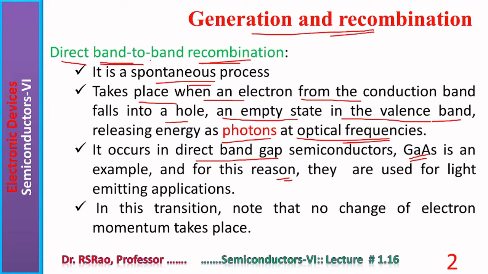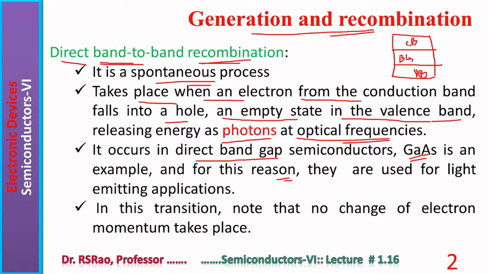What is this direct band-to-band recombination? To understand this particular phenomena, consider energy band diagram of a semiconductor. At the bottom, valency band. At the top, conduction band. In the middle, band gap is there.